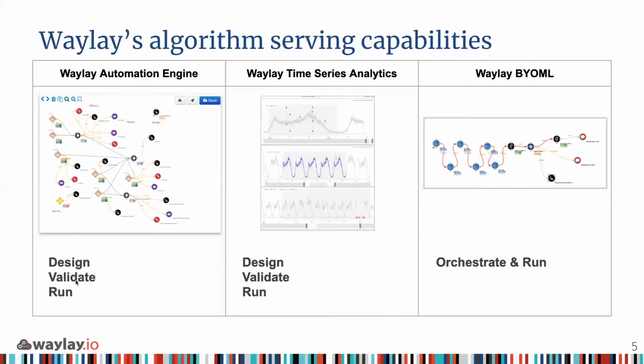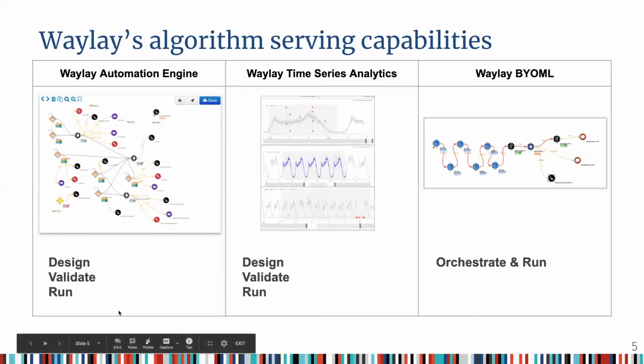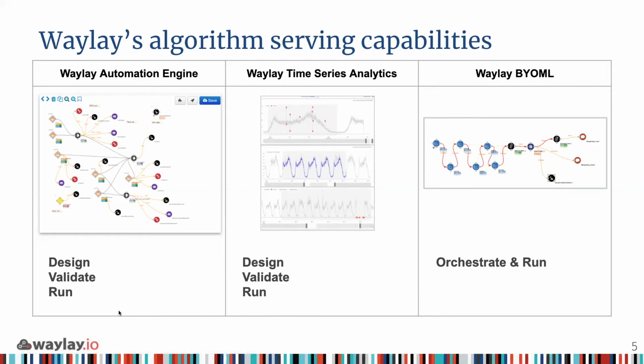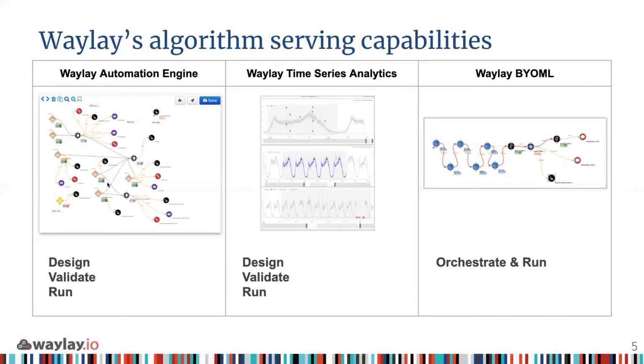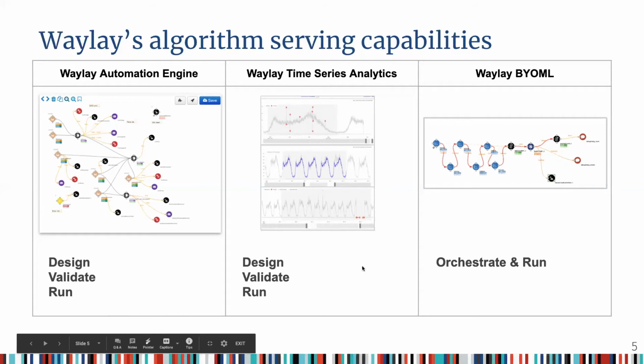You can use labs to validate your rule and test it before bringing it into production. And then ultimately, you can also use Waylay's tasks to instantiate these rules and run them across devices. So the whole life cycle related to your heuristics can be done within the Waylay platform.